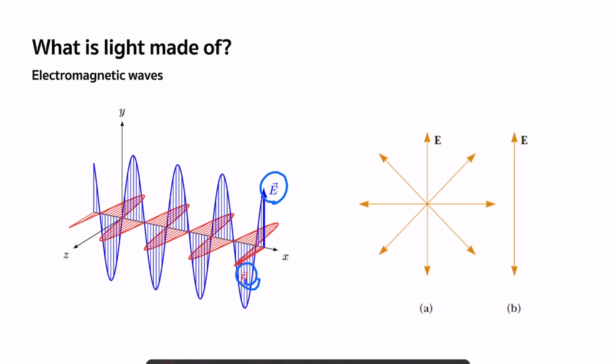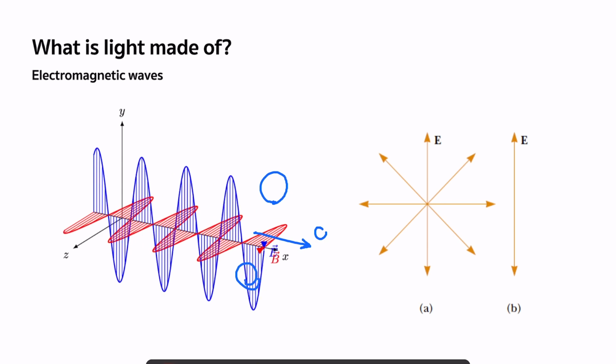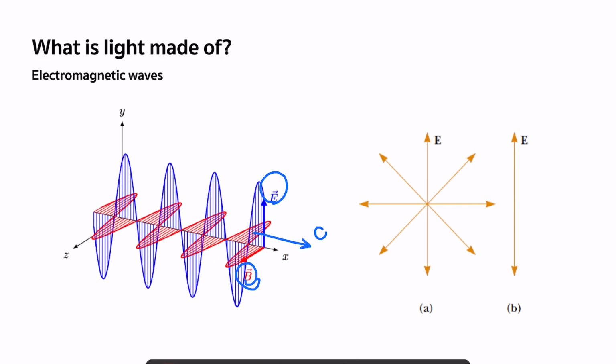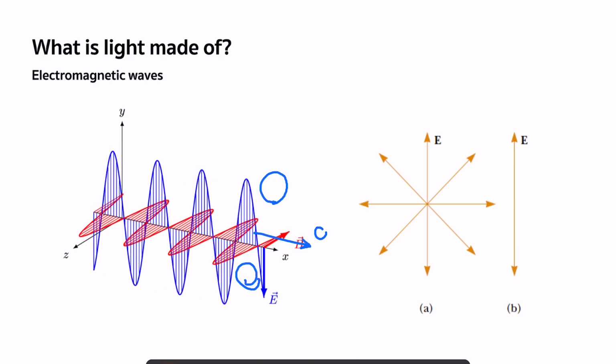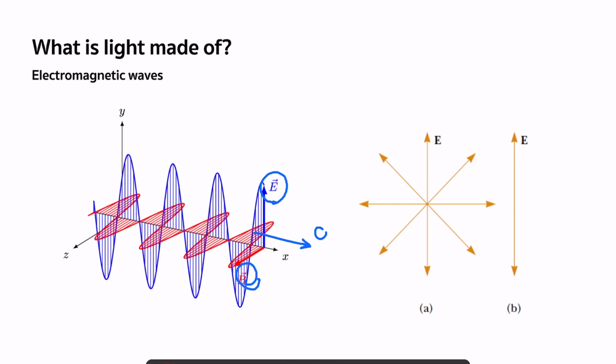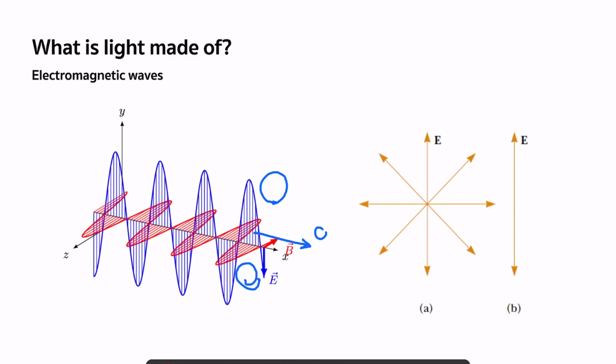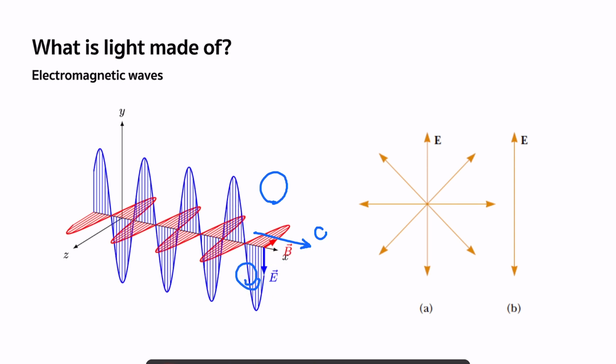These fields oscillate perpendicular to each other and propagate in the same direction with the speed of light. The concept of polarization is related to the oscillation of the electric field because the light we see in nature is composed of a number of electromagnetic waves.